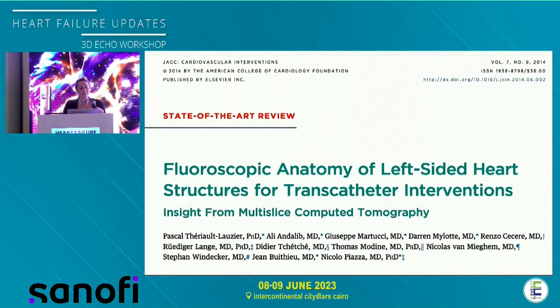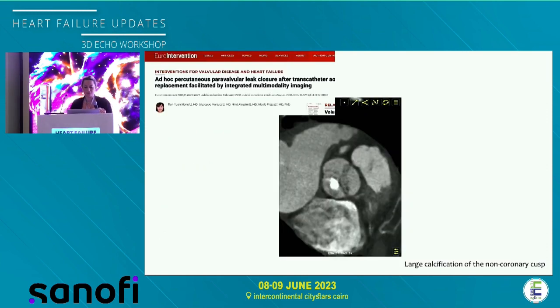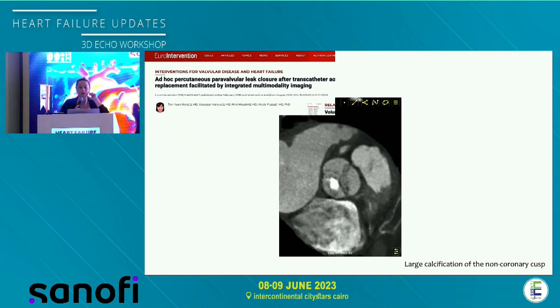One more important topic is the fluoroscopic anatomy of the left ventricle, because we can use this fluoro-CT technique for all structural cases, including paravalvular leak. I was in Montreal, Canada, at McGill University for 2 months learning this technique.